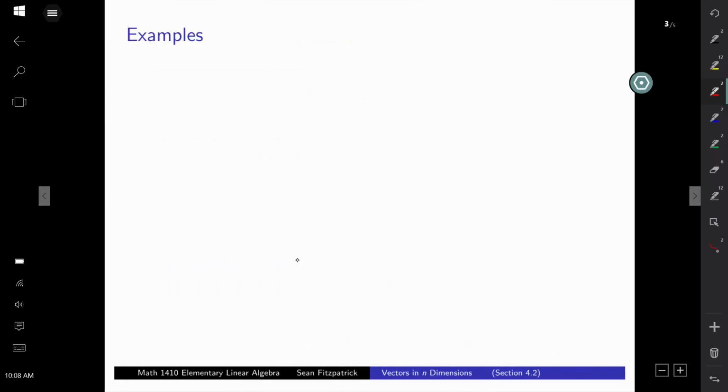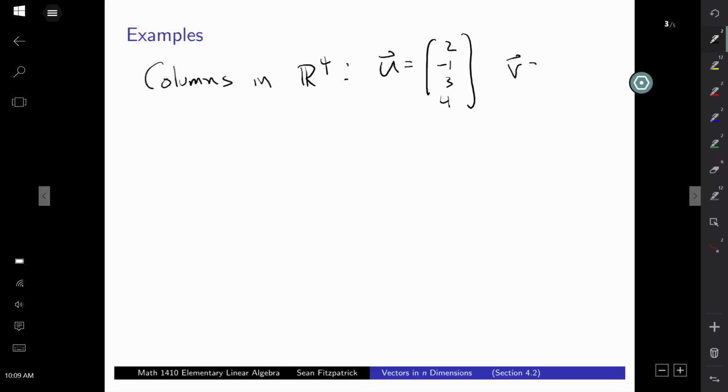Okay, all right. A few more examples. We could do, say, column vectors in, let's do four-dimensional vectors. Why not? We could do, say, u equals 2, minus 1, 3, 4. v equals 0, 1, 0, 2, and so on.